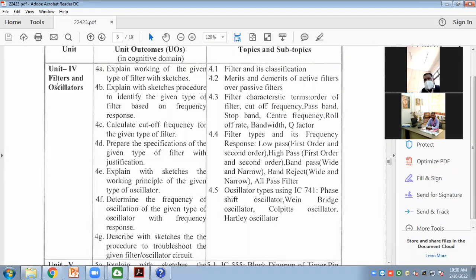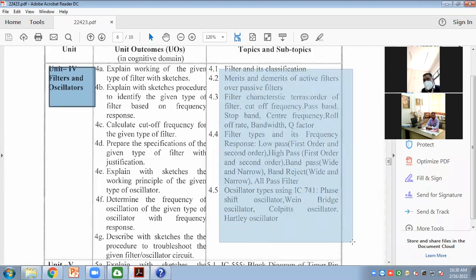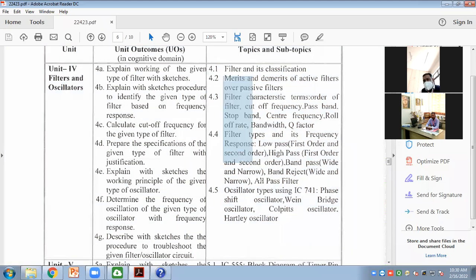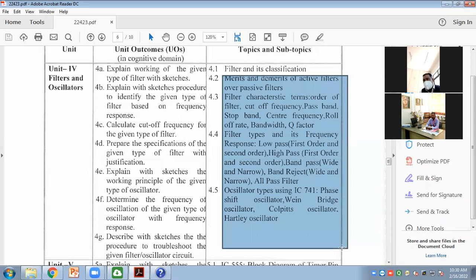Then the fourth chapter, or fourth unit, is filters and oscillators. Under filters, we are going to design different types of filters, their classification, then merits and demerits of active filters, characteristics, and different parameters of filters: order of filter, cutoff frequency, pass band, stop band, center frequency, roll-off rate, bandwidth, Q factor.